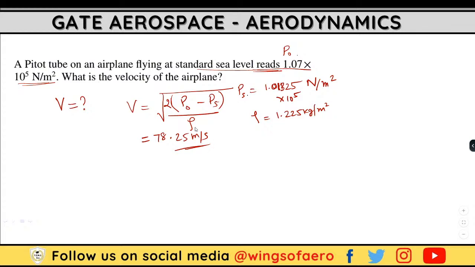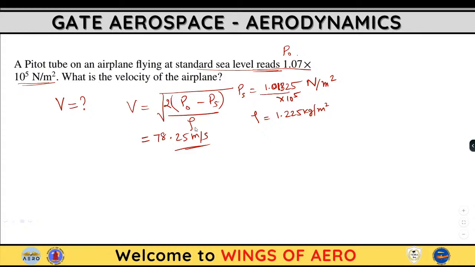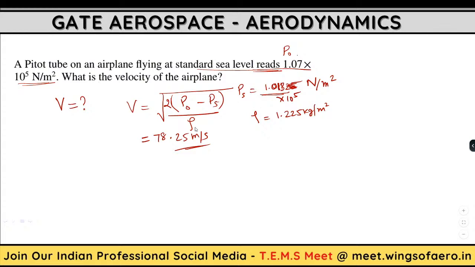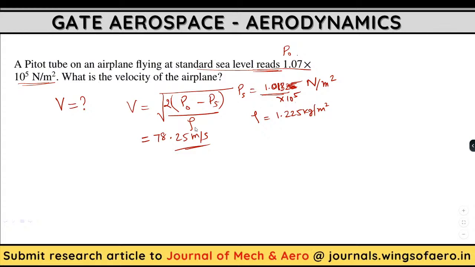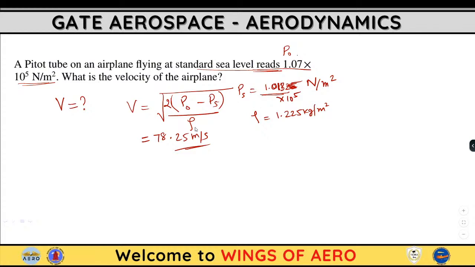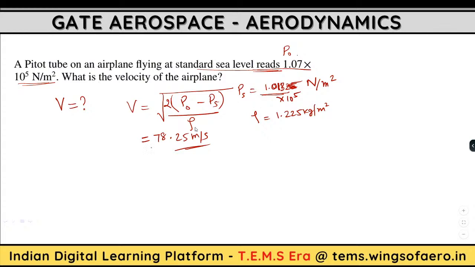See, remember what is the value? 1.0135. Or you can also take this value 1.013 into 10 power 5. Please ensure that answer, because I'm getting 90 point something. Yes, ma'am, it's 78.246, ma'am. You're getting the same answer. Good.